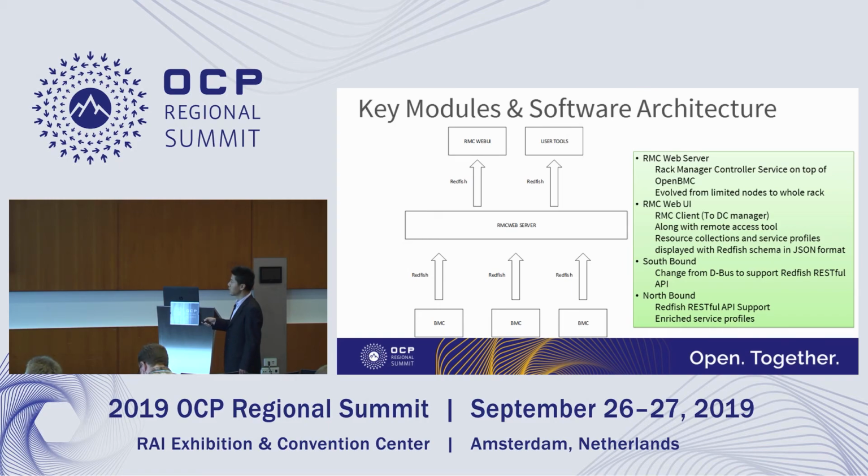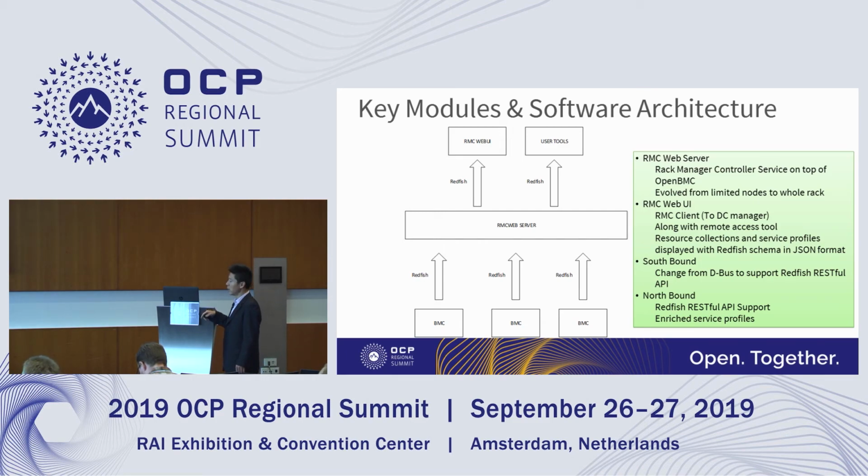The web server serves as the rack management controller services, and through Redfish there will be a web UI used to present the information on the user interface. So this is the software diagram.